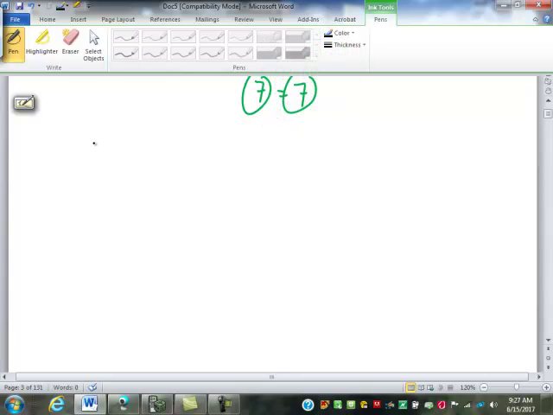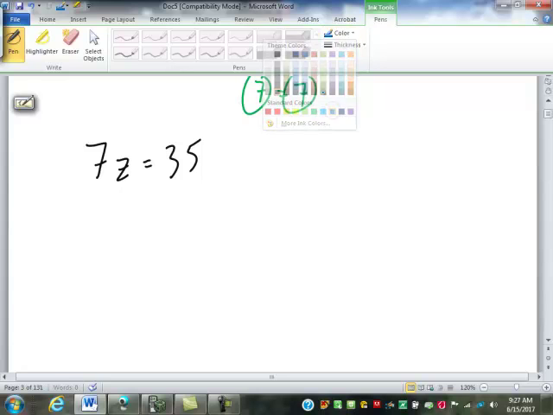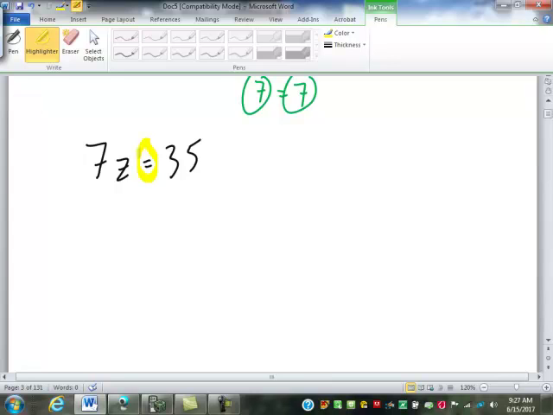We might have 7z equals 35. We go through the same process. We find our equal sign right there. We identify which side has the variable. Well, there's my z, so that's the side with the variable. And then it's time for our questions. What's keeping the z from being alone?